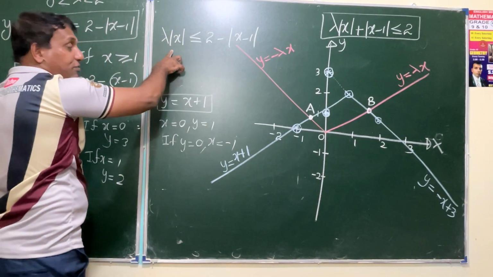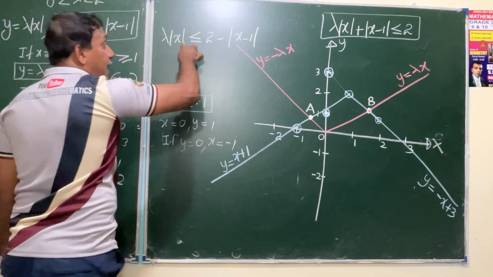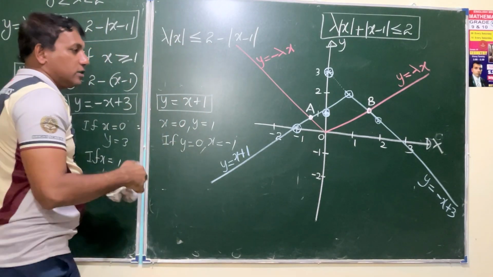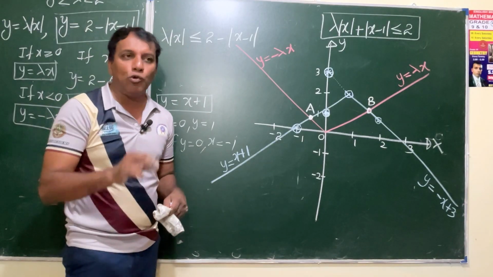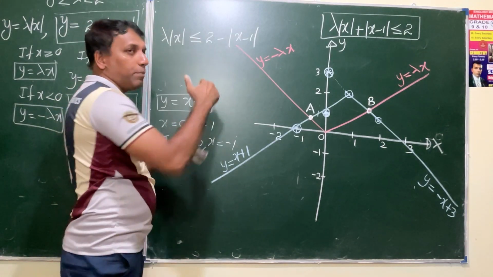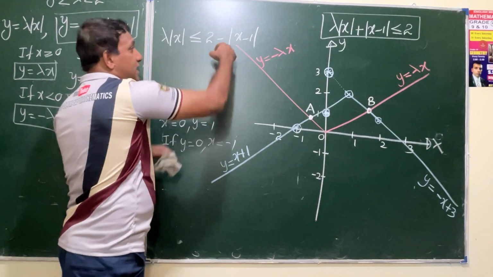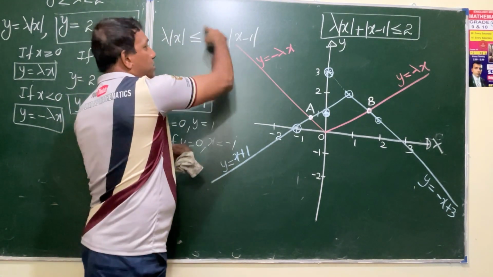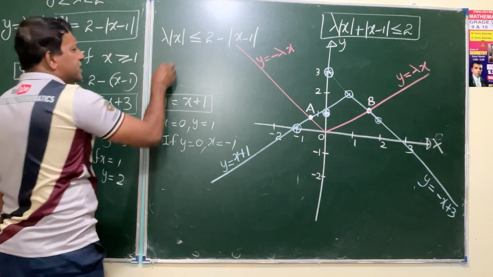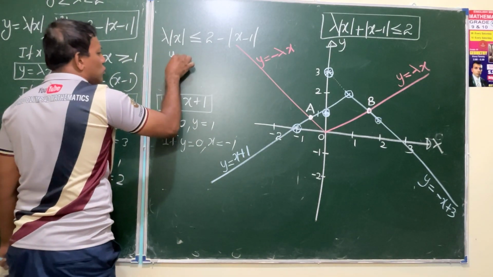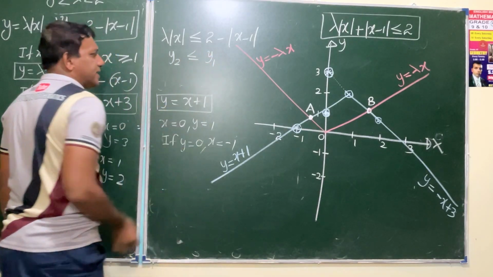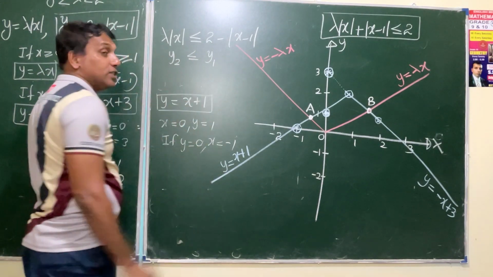This function is smaller than that function. So the y value, this combination, this y is the biggest, the upper part, the graph comes above, this is lower than that. For my explanation, I take this as y1 and this as y2.